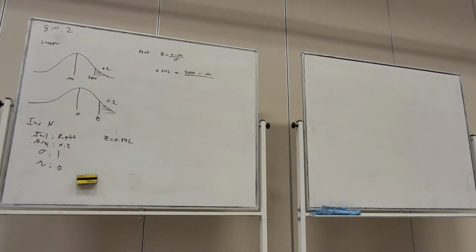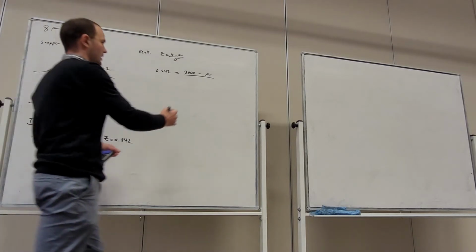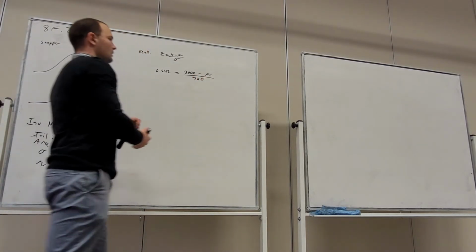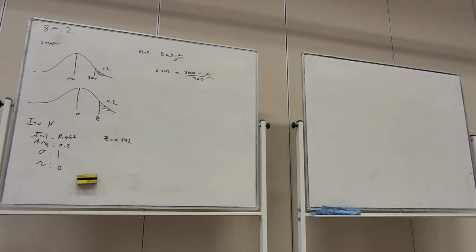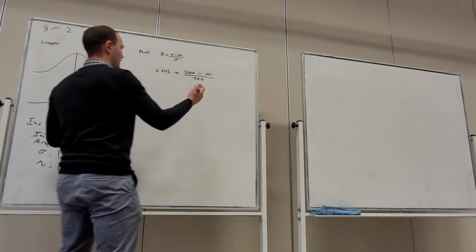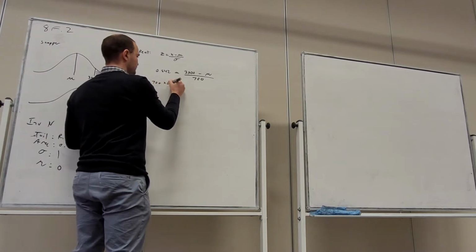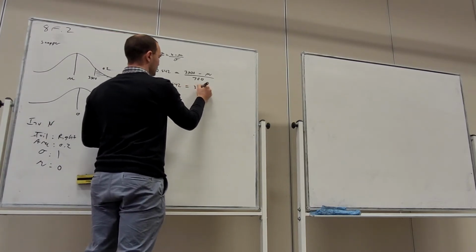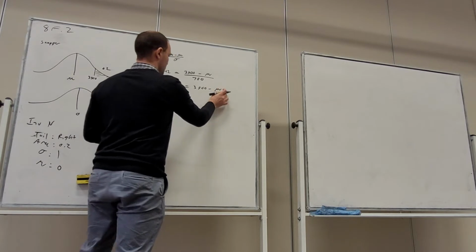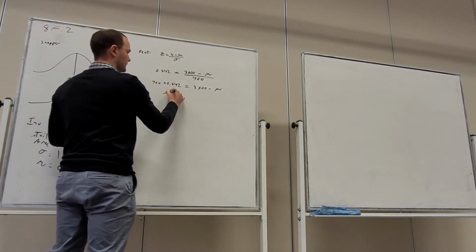We're told in the question the standard deviation is 700 grams. So all this is a linear equation that we're solving for mu. Multiply both sides by 700, and I'm just going to swap the mean and this one.